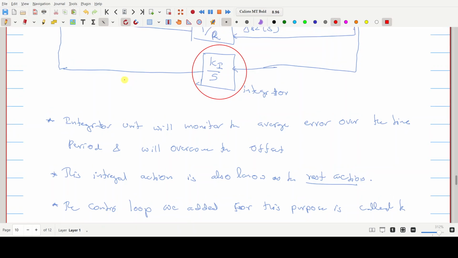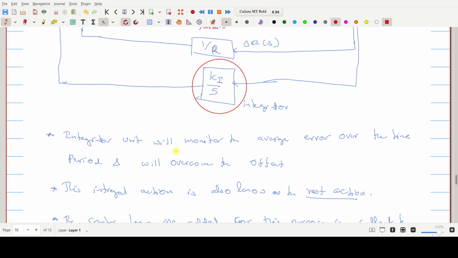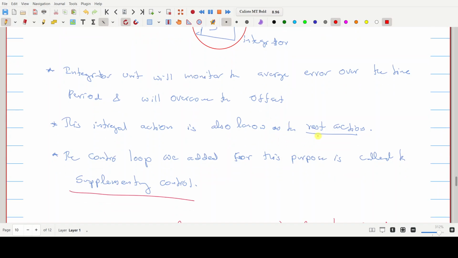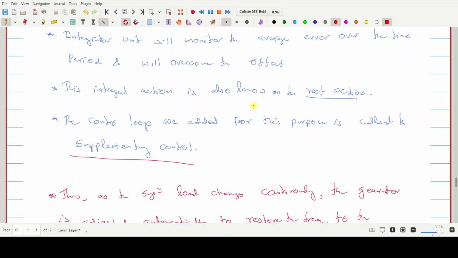So what will happen here is this integrator unit will monitor the average error over time, and then it will try to overcome the offset. This integrator action is also known as the reset action, because it brings the speed back to the nominal speed, overcoming this offset issue, right?